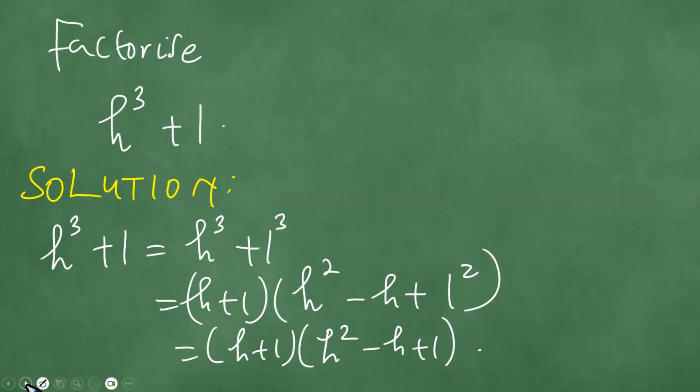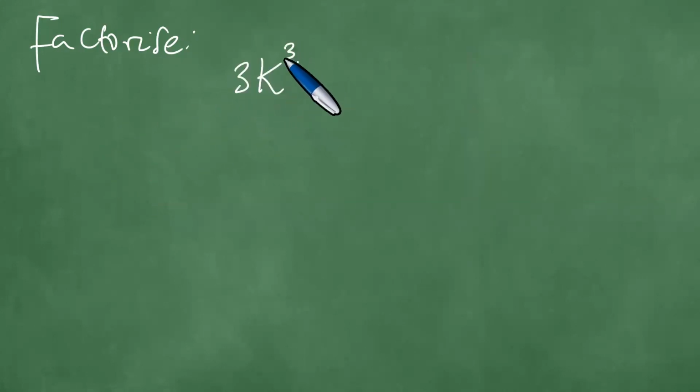Right, next, factorize. You have this one here, 3k cubed plus 81q cubed.